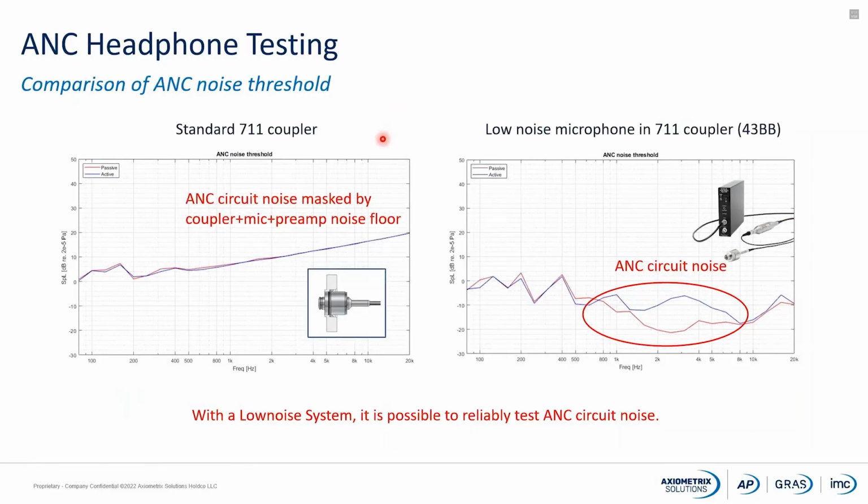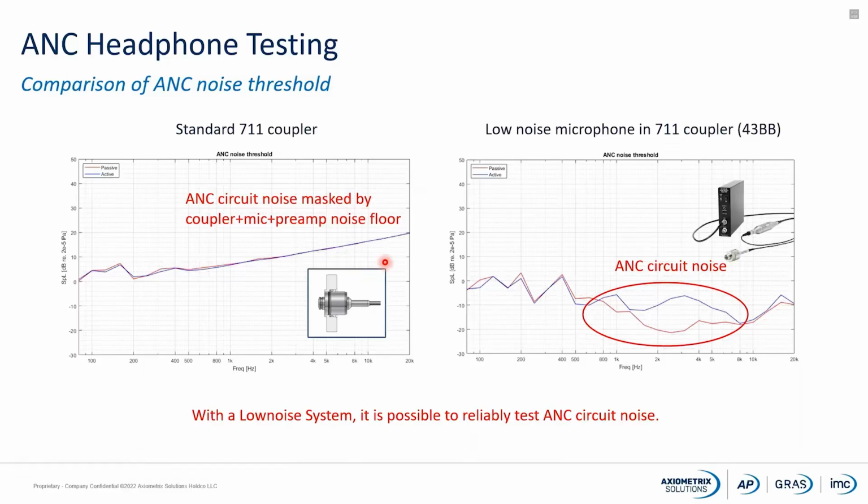Here's a measurement of the ANC circuit noise. When we turn on the circuit noise of an ANC device, we probably hear a hiss noise, and we are trying to measure that. If we try to measure that with a standard 711 coupler, half-inch microphone, and preamplifier, we're going to end up measuring the noise floor of the system itself instead of the noise floor of the headphone that we are trying to measure.